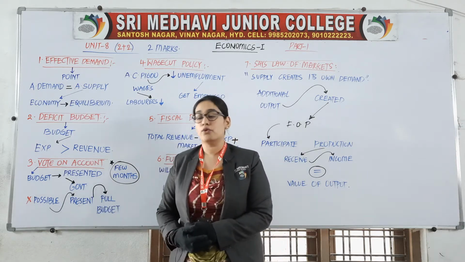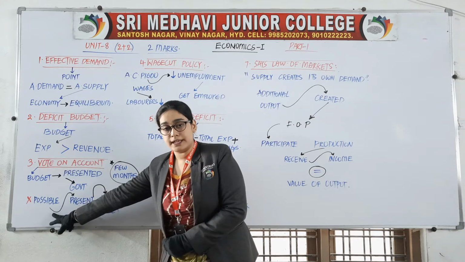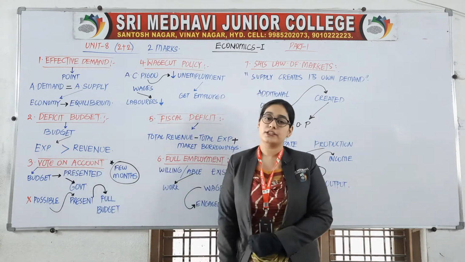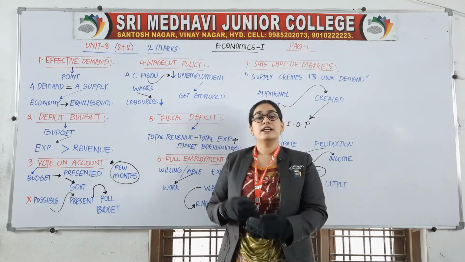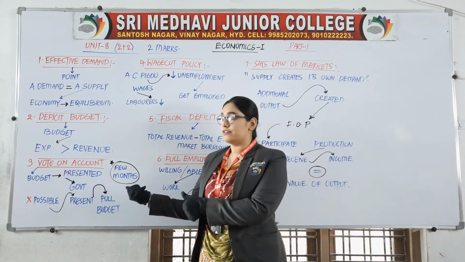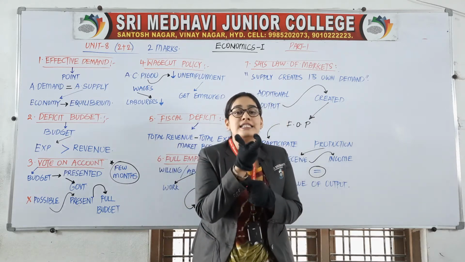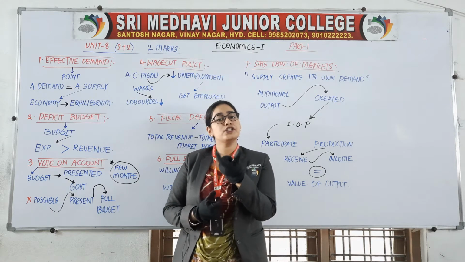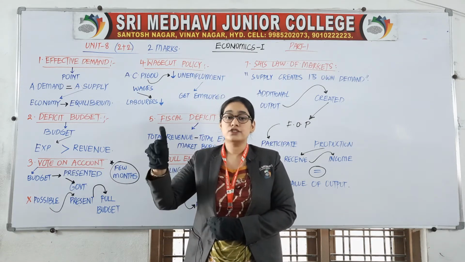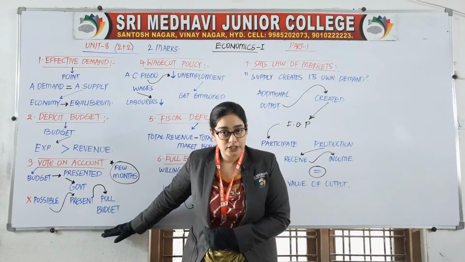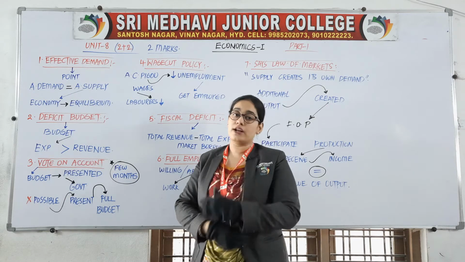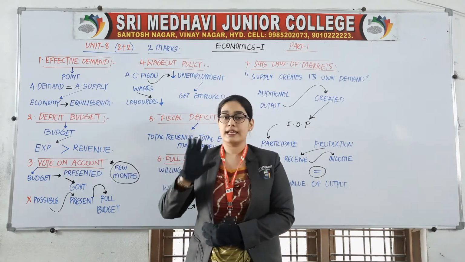Whenever it is not possible to present the full budget, the government will prepare an interim budget. Interim budget means a budget for very few months. A budget prepared for a few months when a full budget is not possible is called vote on account.